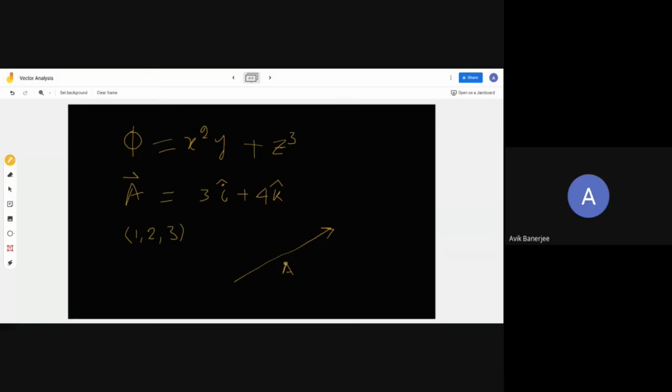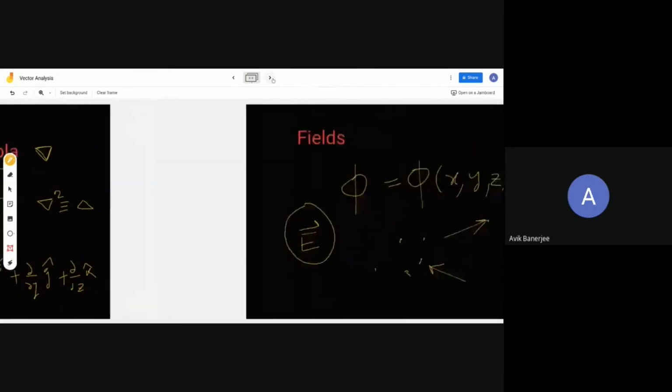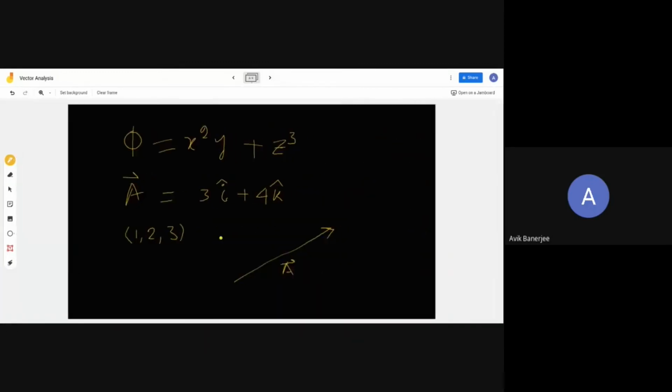First of all, what do we need to find out? If we go to the expression of the directional derivative, d phi ds is gradient of phi dot u vector. U vector is the unit vector in the direction in which we want the directional derivative. So we need to find out the unit vector in the direction of a vector. So we have to divide a vector by the magnitude of a vector.